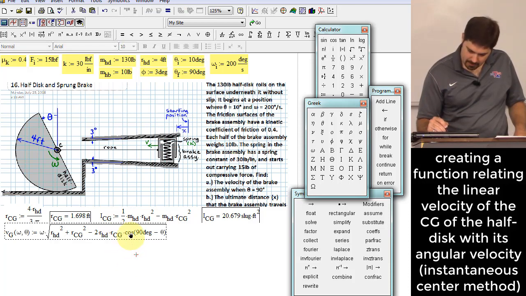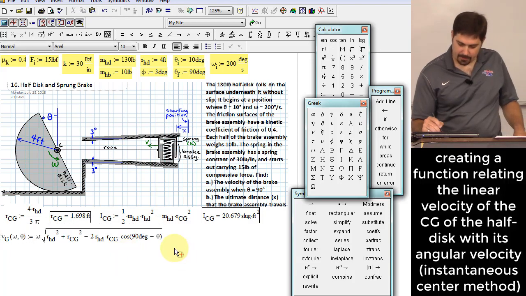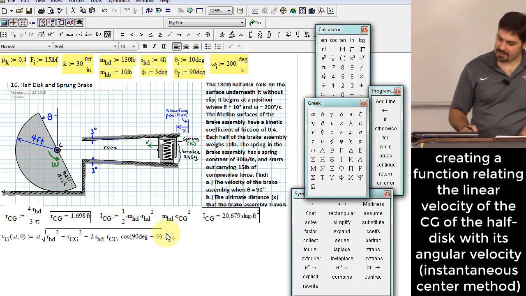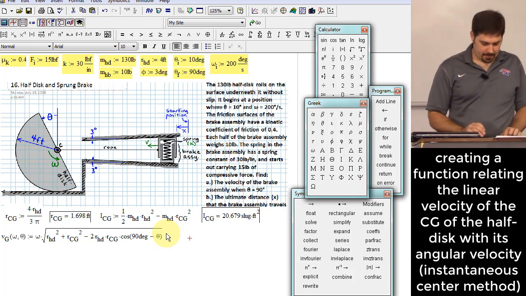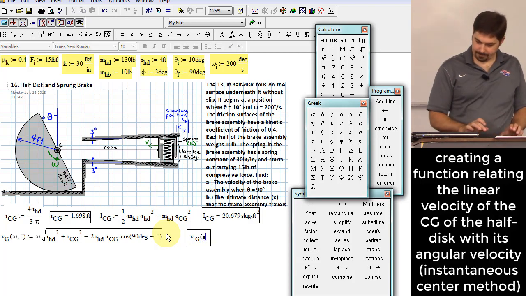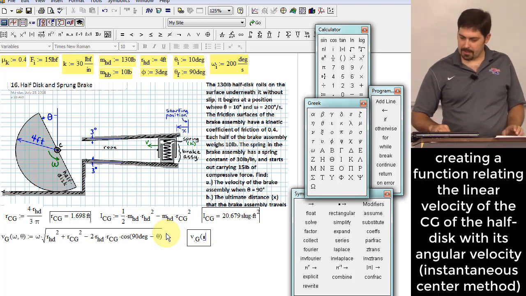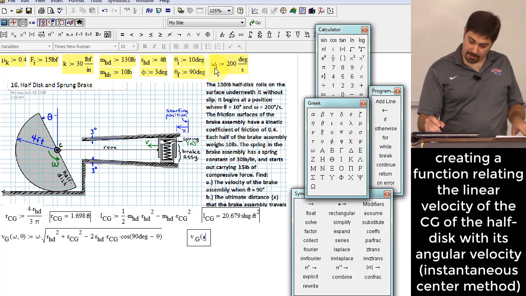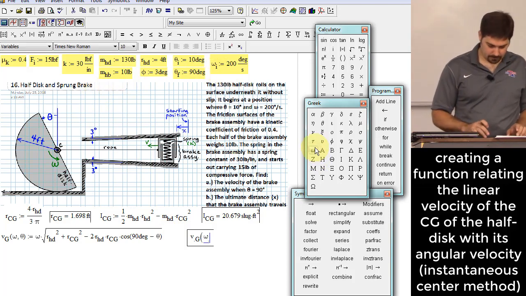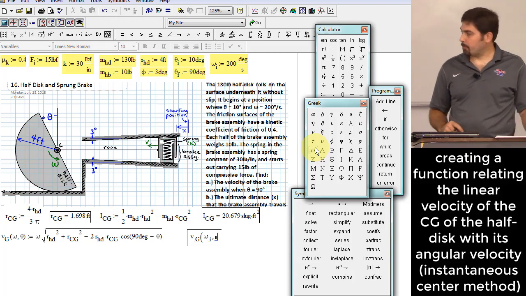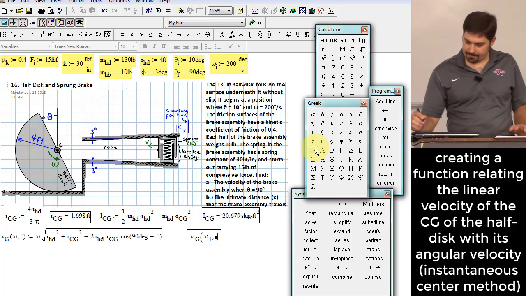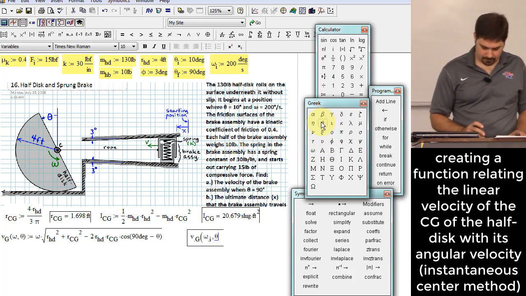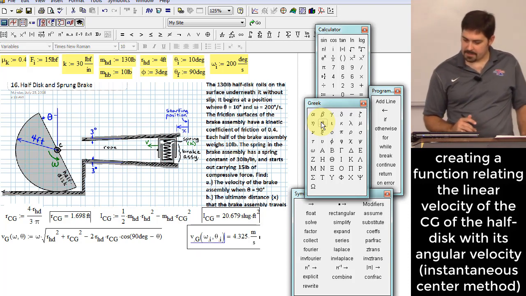Okay. And a lot of times, after I put one of these in like this, I like to put in a test case and see if the values that I'm getting make any sense at all. So VG, let's just put in my initial omega, remember we start out with an initial omega. I'll plug that into this function, and then let me also plug in my initial theta as well. So what I'm doing here is evaluating right at this instant in time.